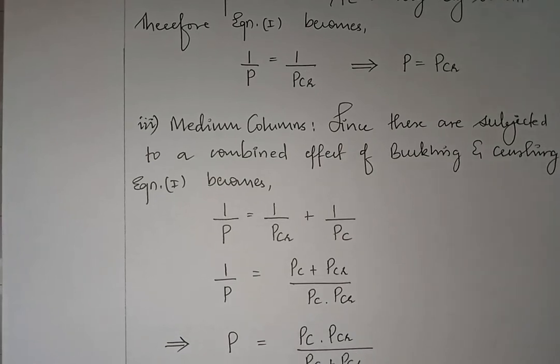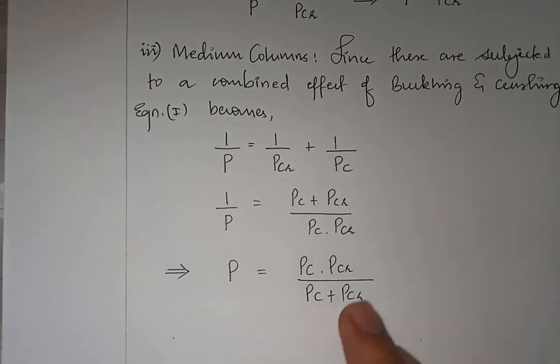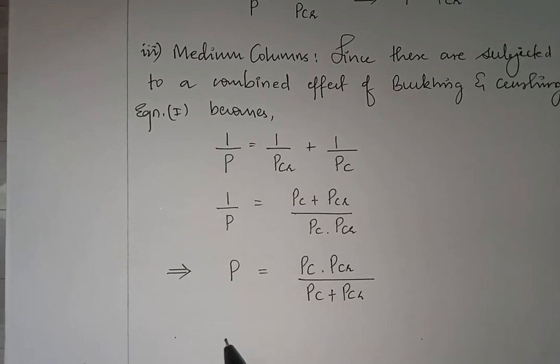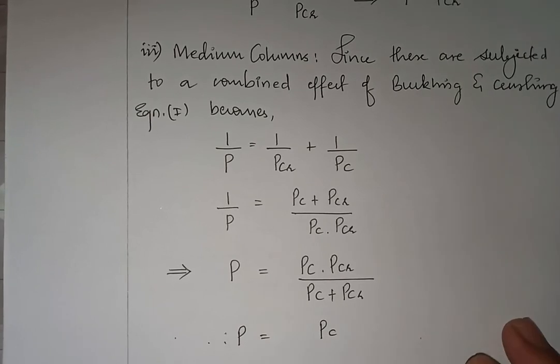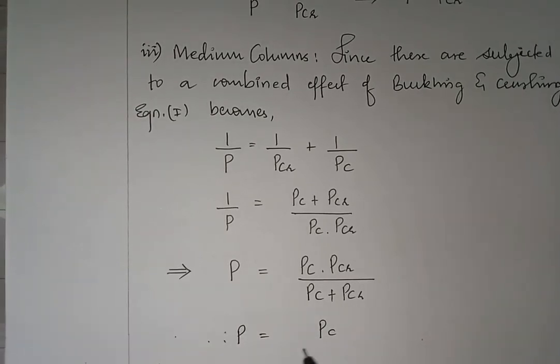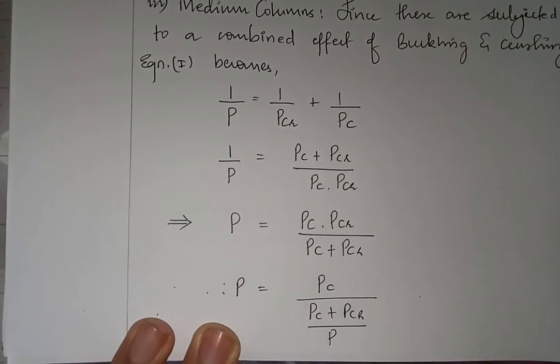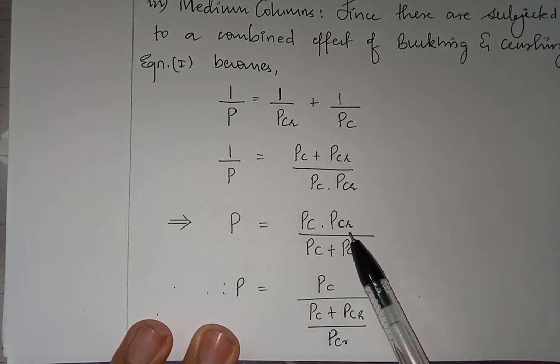If I shift this PCR into the denominator, then P will be equal to PC, which remains as it is in the numerator, divided by PC plus PCR, and the entire thing is divided by PCR. Right, no changes I have done. Only this PCR which was there in the numerator I have shifted to the denominator.